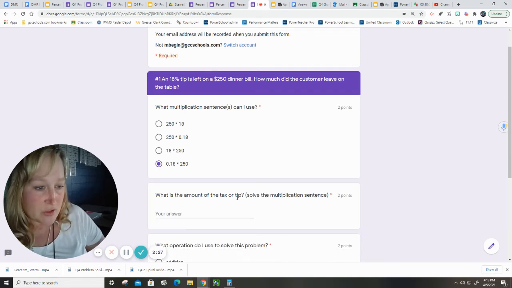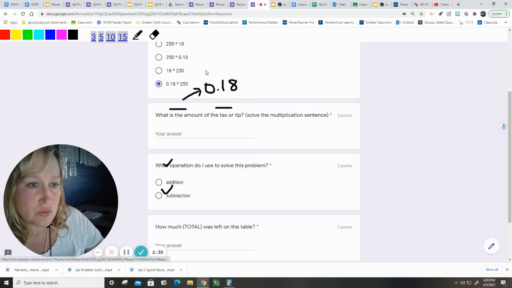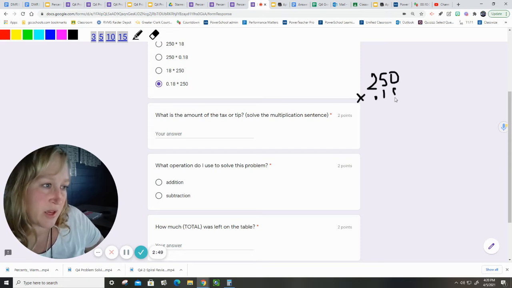What is the amount of the tax or the tip? Solve the multiplication sentence. So I'm just going to work that out by doing the multiplication. So 250 times 0.18. That is 0. This is 40. Carry the 4. That is 16.